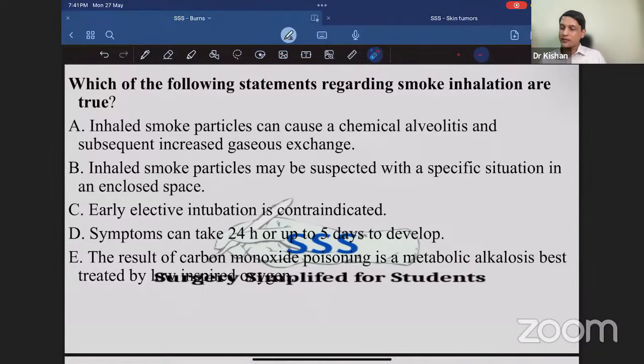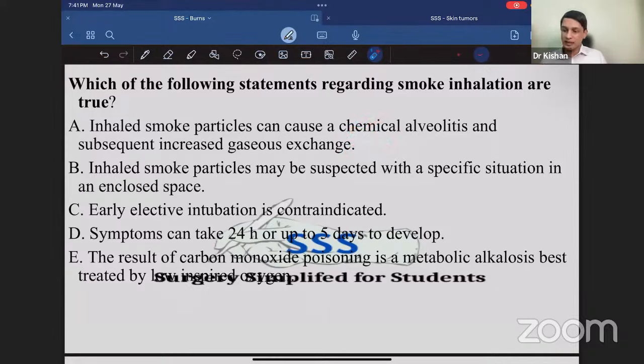Inhaled smoke particles can cause chemical alveolitis. That's correct. When we just look at that, we feel it's correct and take it as right. But look at the second part, and subsequent increased gaseous exchange. No. That part is totally damaged, so it results in decreased gaseous exchange. That should be the answer. So that's wrong. If you read completely, you will get it right.